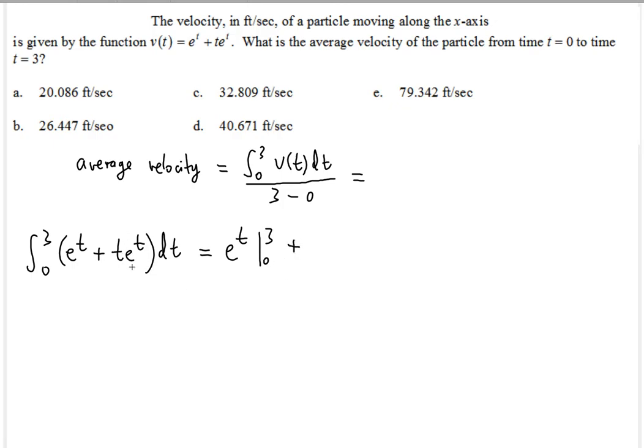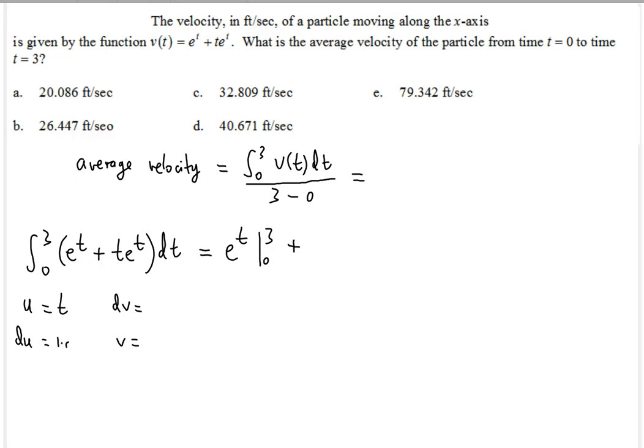Plus, now you're going to need integration by parts, so let's talk about the u, du, v, dv. So u is going to be in this case the t, because you need something to differentiate that goes away eventually, and that's going to be t, because the derivative of t is precisely 1.